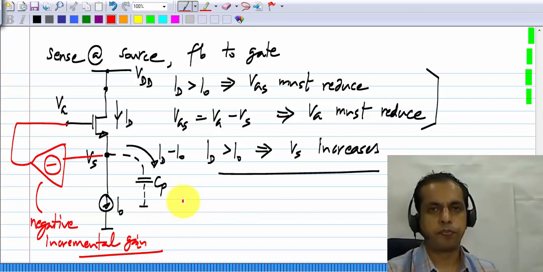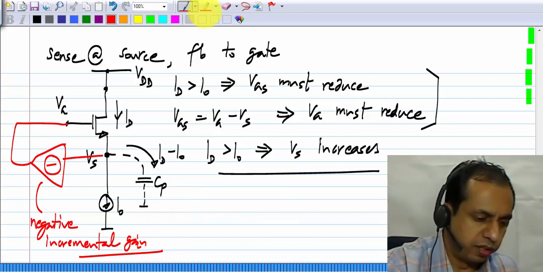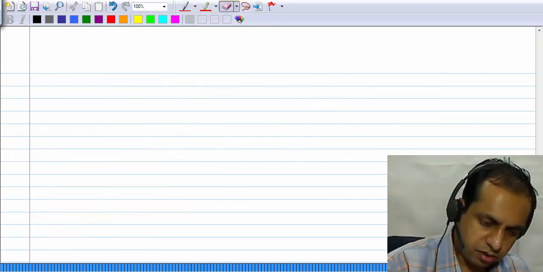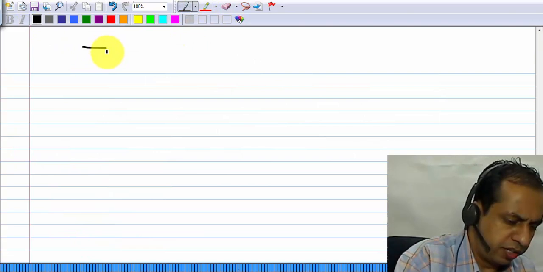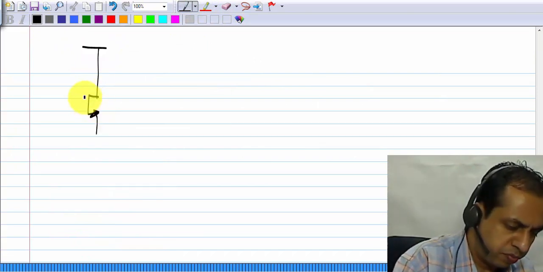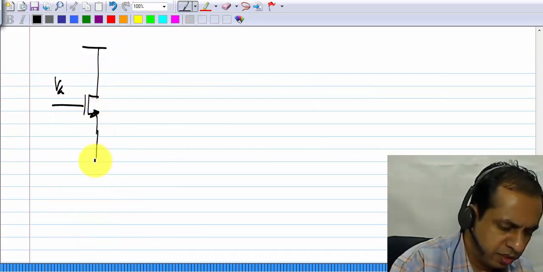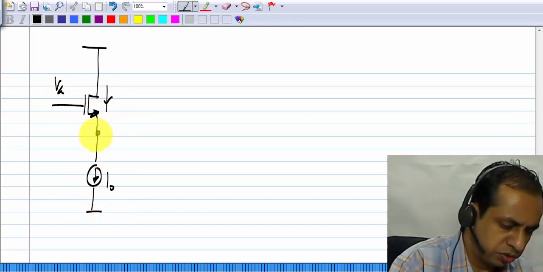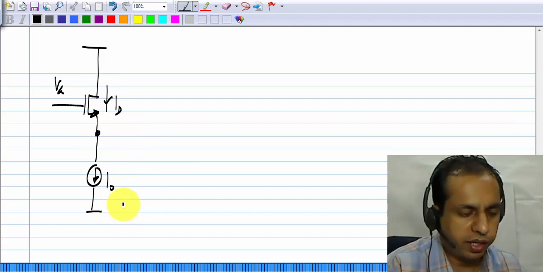Now, one thing you observe here is that, from our earlier discussion, this is Vg and I connect I0 to the source terminal, and there is the actual drain current ID.